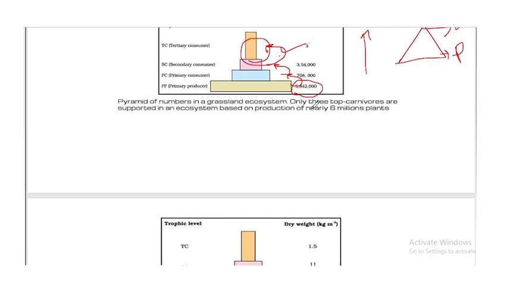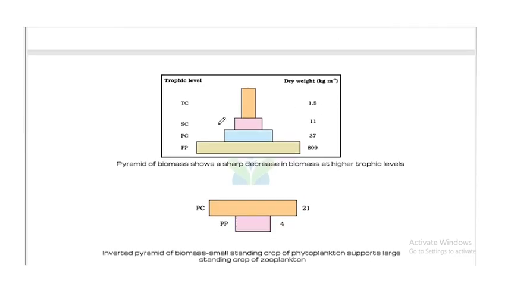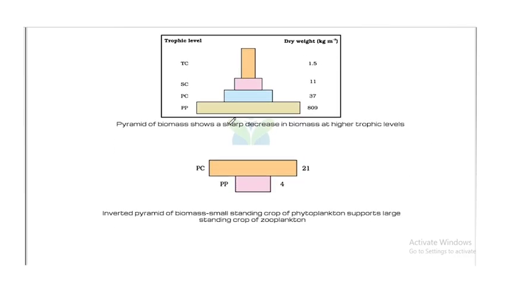Moving on, we'll see pyramid of biomass. Pyramid of biomass also shows a sharp decrease in biomass at higher trophic levels. So the primary producers make up a huge weight. It's measured in dry weight, that is kilogram per meter square.